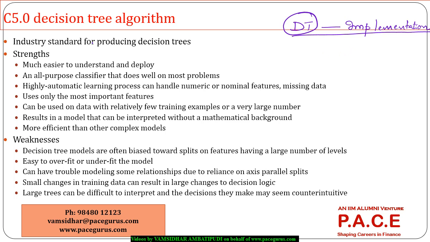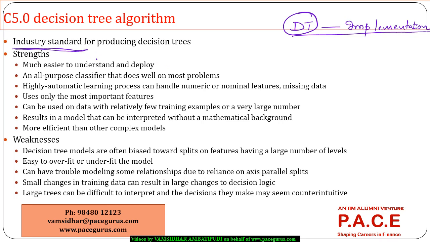So you have so many such decision tree algorithms. The more popular, industry standard algorithm for producing decision trees is the C5.0 algorithm. There are a few important advantages and disadvantages that we need to be aware of with respect to this algorithm.